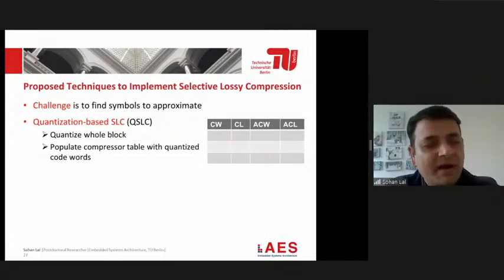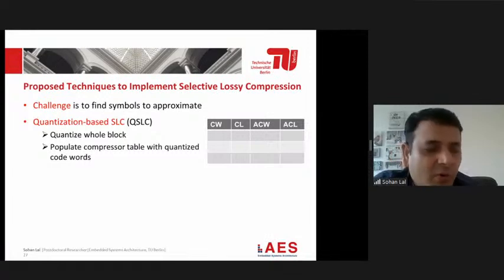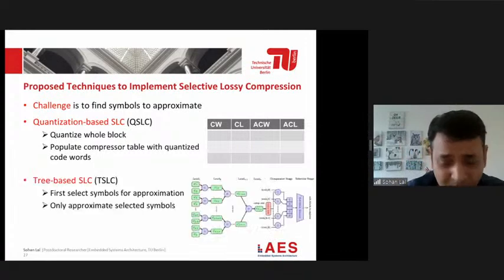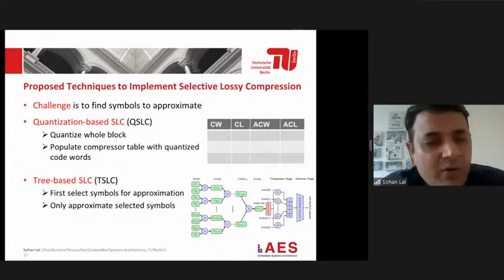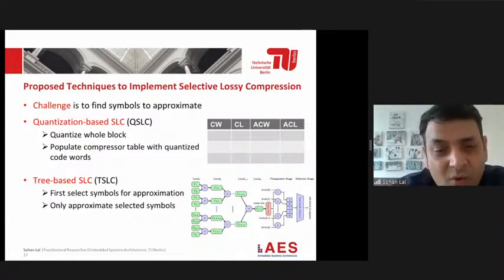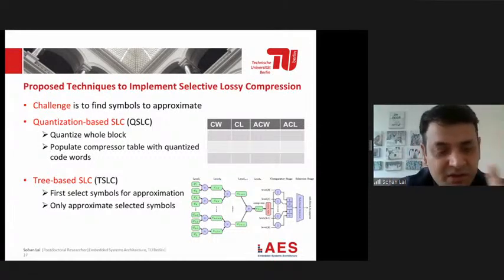But remember, not all blocks, only those blocks which have a few bytes above memory access granularity, and how many bytes you want to approximate can be specified by a programmer or by the designer. In one of the more complex techniques, we first figure out exactly how many symbols need to be approximated, and then only approximate those symbols and not the whole block.